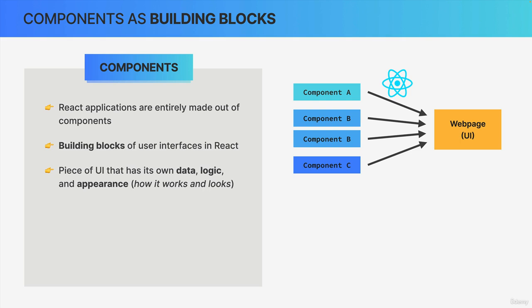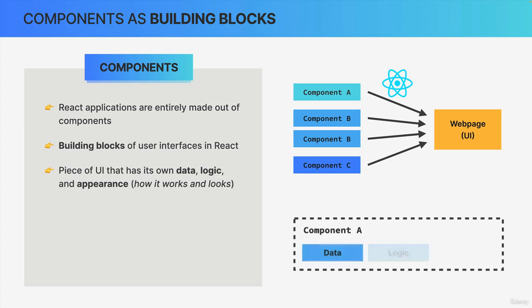Now, one key property of components is that each component has its own data, JavaScript logic, and appearance. So basically, each component describes how it works and what it looks like, which makes them such a great way of building user interfaces.